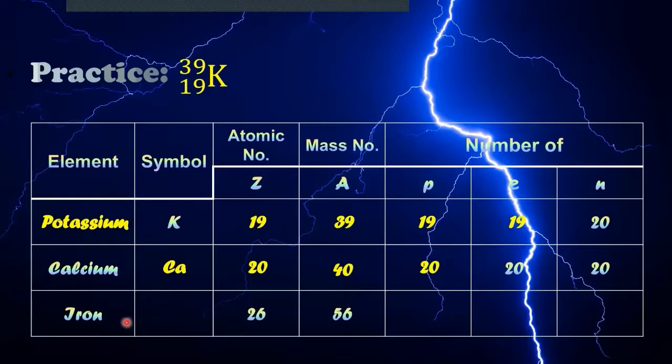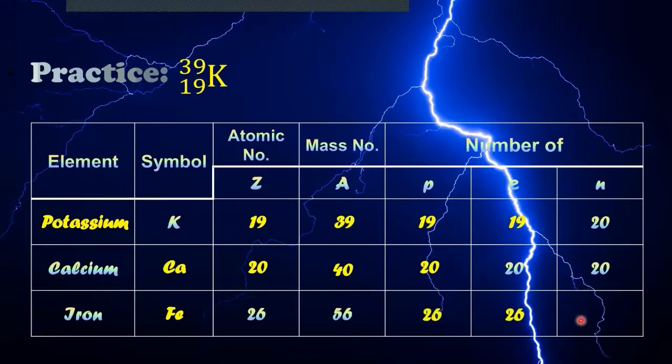Now the last example is iron, and the symbol for iron is Fe with a small letter e, and what is given is 26 as atomic number and mass number, which is 56. First thing to do, as always, copy the atomic number, or input first the number of protons and the number of electrons, the ZEP, 26, 26.